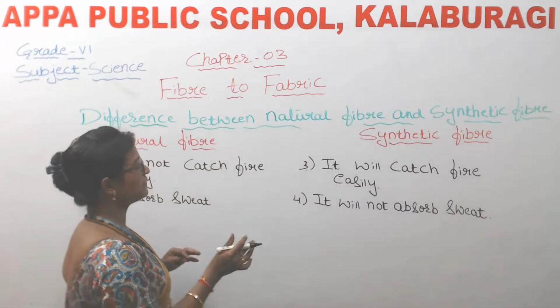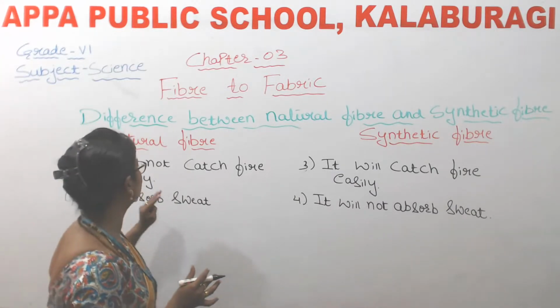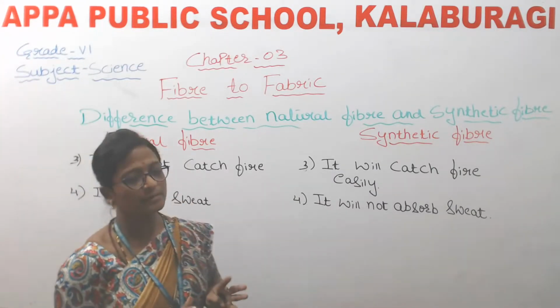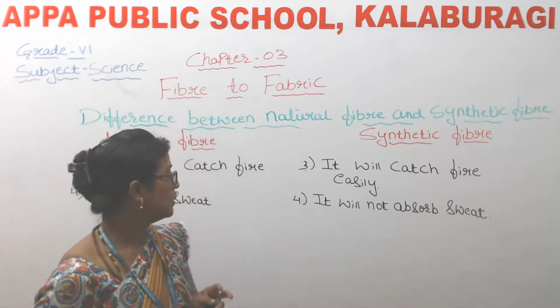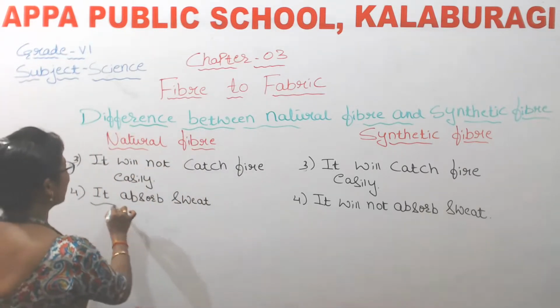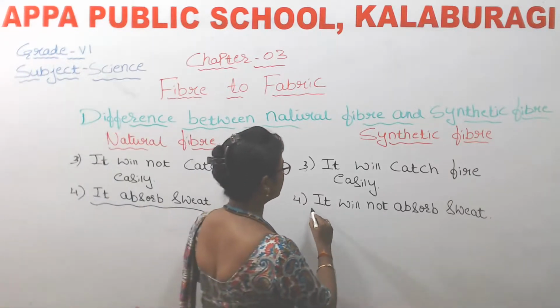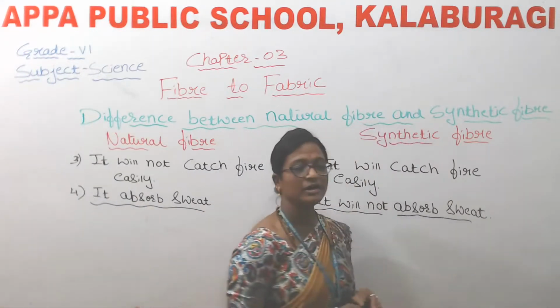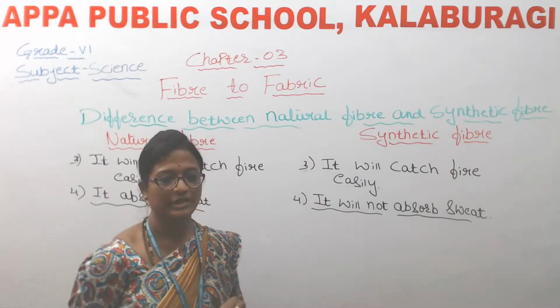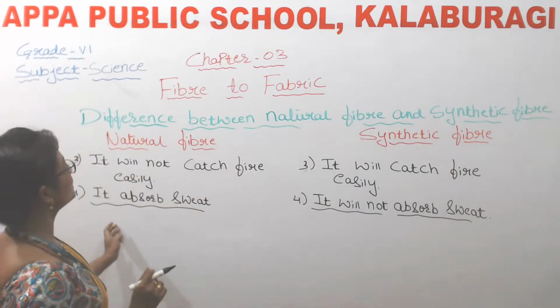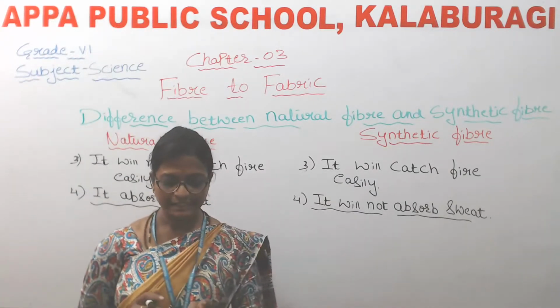You can see the difference by wearing natural fiber clothes and synthetic fiber clothes. You can see the differences better. Natural fibers, as I said, will absorb sweat, and synthetic fibers will not absorb sweat. So this is the difference between natural fiber and synthetic fiber.